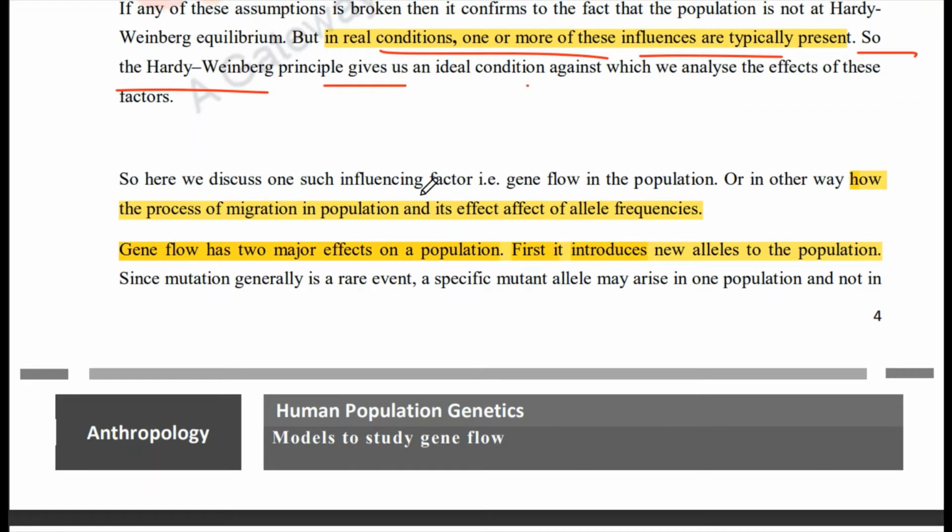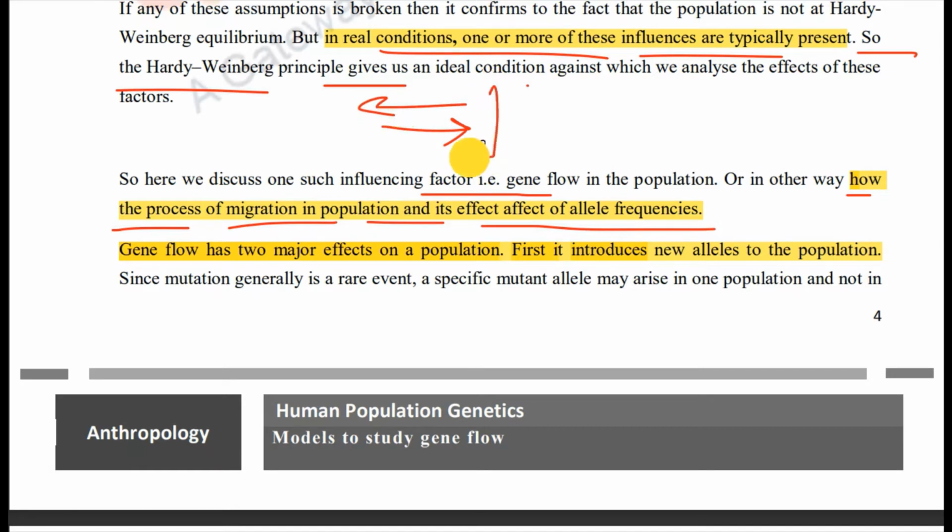So one of the factors that we are going to discuss is gene flow, which, in a simplified way, depicts how the process of migration in the population happens and how it affects the allele frequencies. With respect to migration, it could be either inflow or outflow, so migration happens both ways.